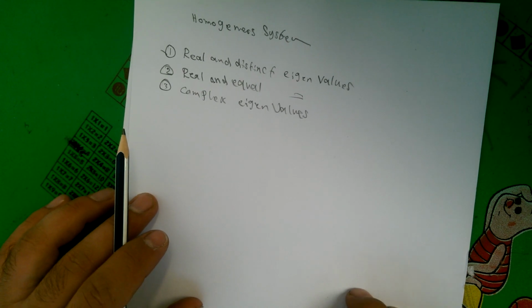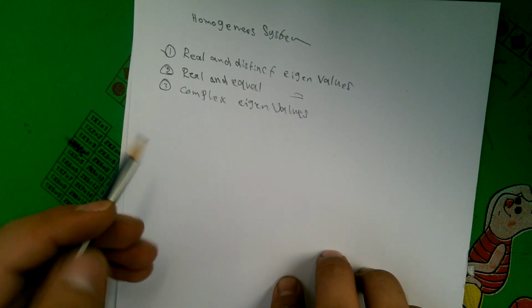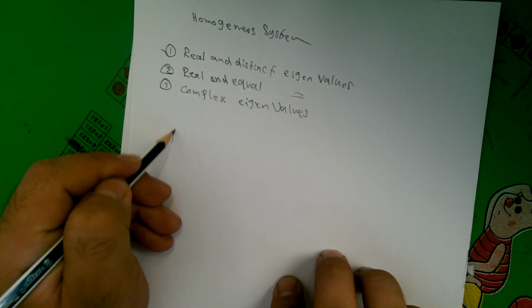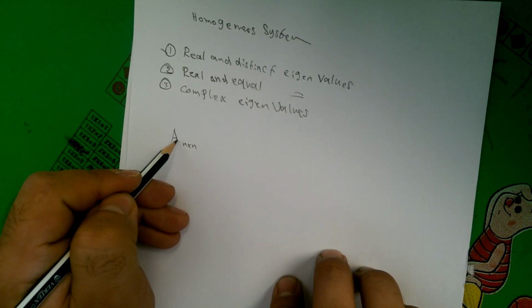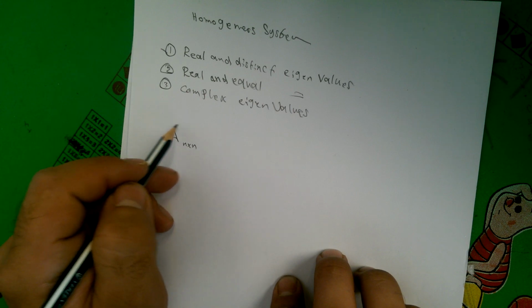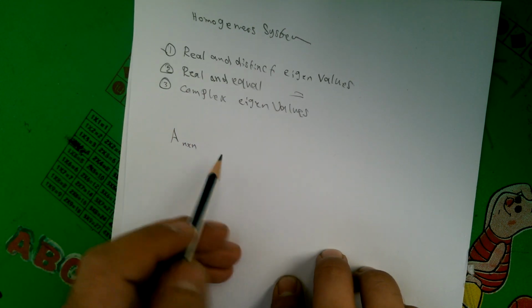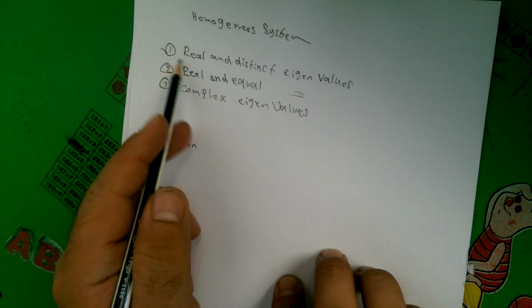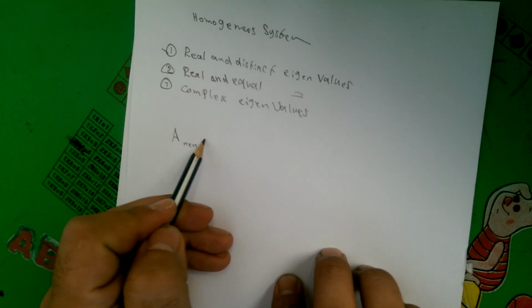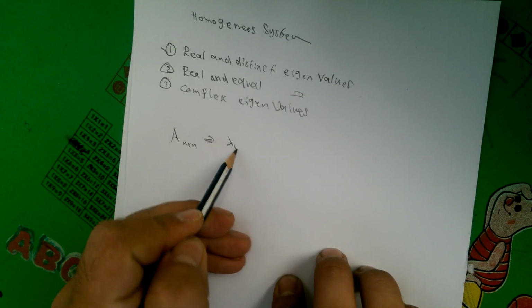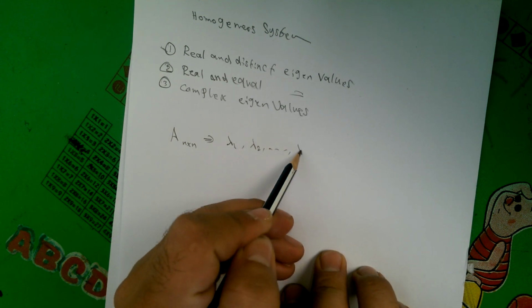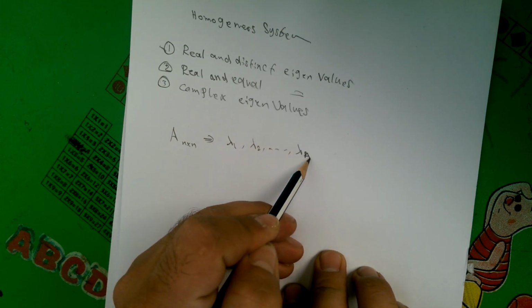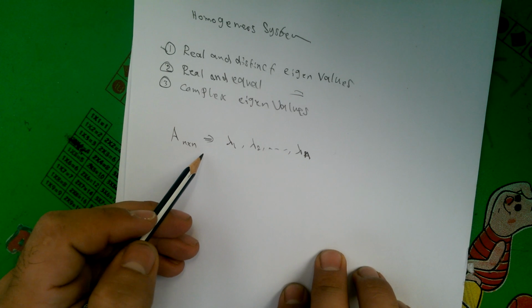Real and distinct eigenvalues. It means we have a coefficient matrix, let's say A, an n by n matrix, and when we find the eigenvalues of this matrix, we suppose that it is the first case, so we say that lambda 1, lambda 2 until lambda n are all real and distinct eigenvalues.